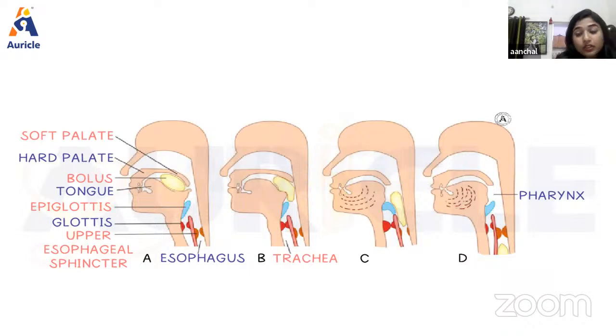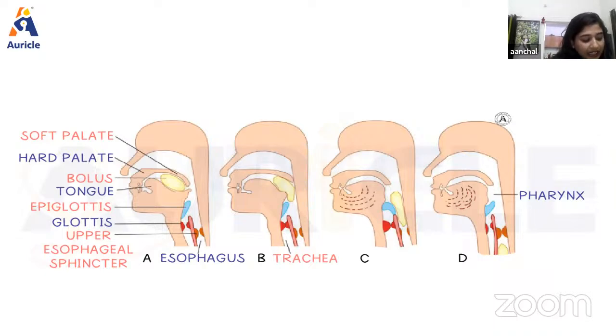Now, as we know, the pharynx is a common passage for both air and food. So basically, as we can see, it is divided into the larynx and esophagus.